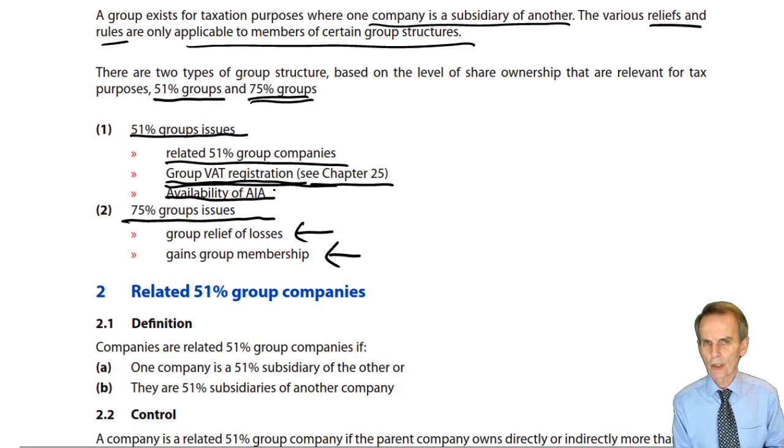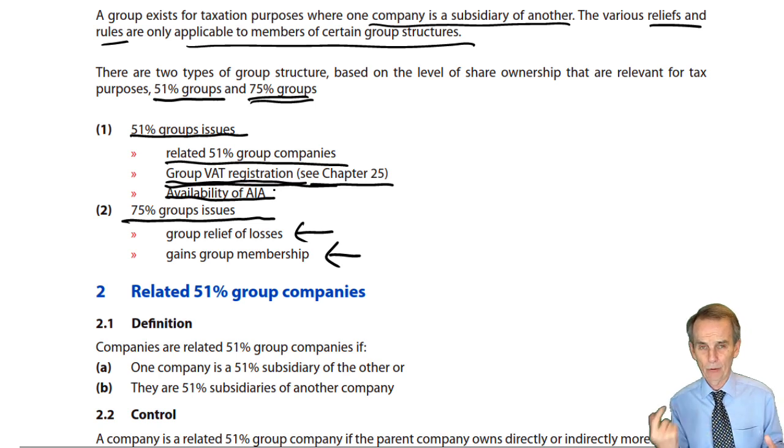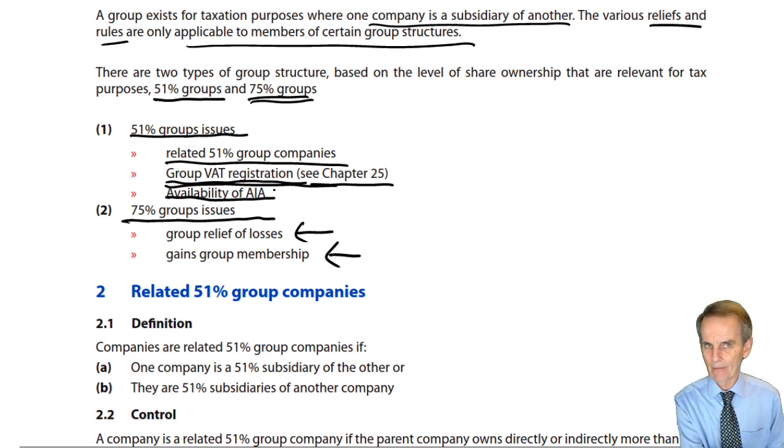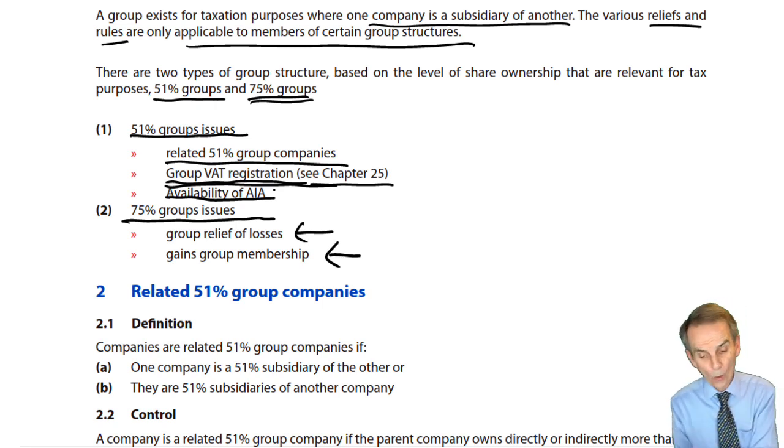But if the total expenditure is more than 1 million, then we haven't got enough AIA available to go around. So we will get to choose where we would rather have that 100% AIA, rather than, if we can't have it, what would remain? Well, it would just be WDA.